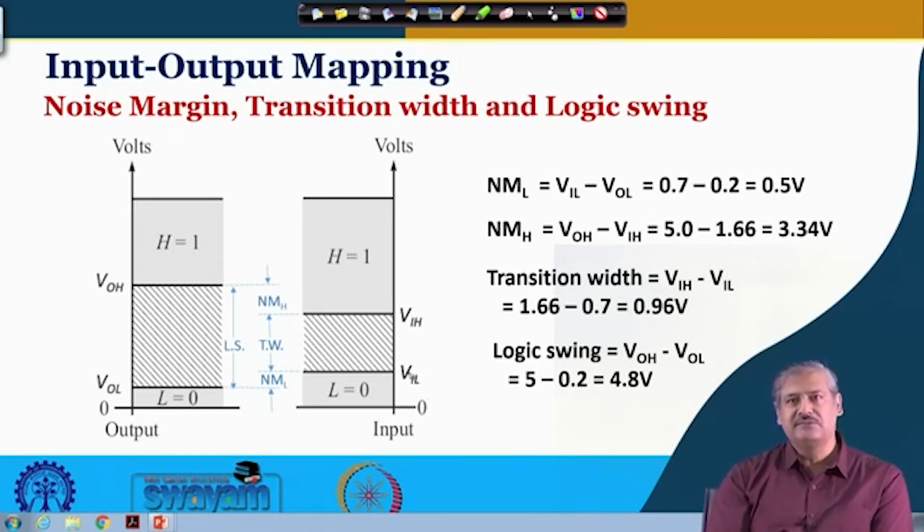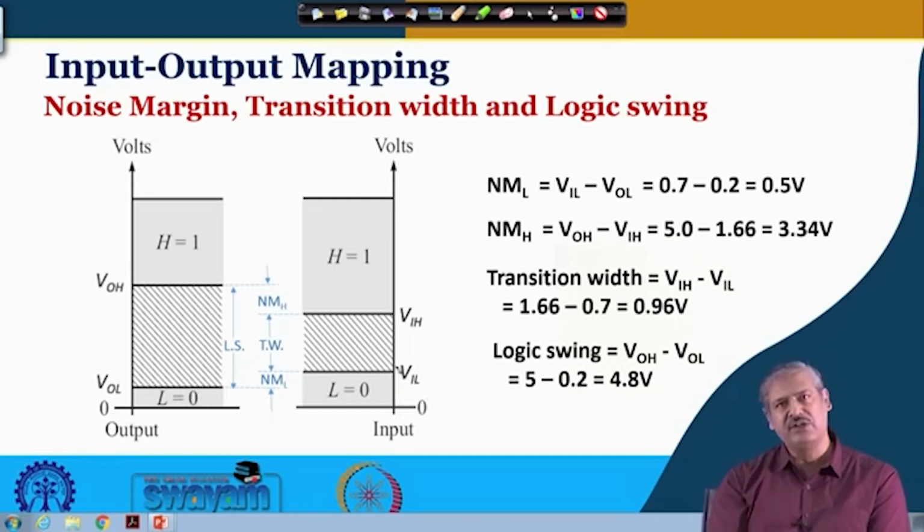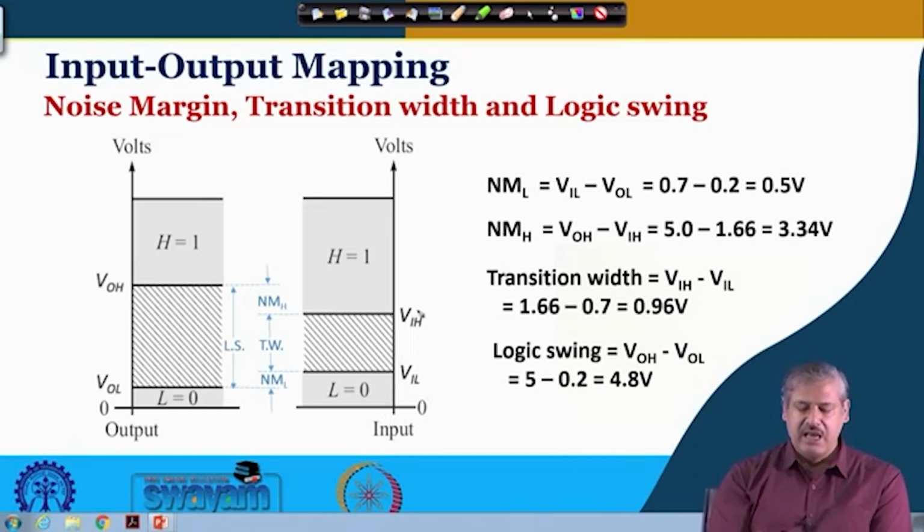Now, if we look at the input side, what is happening? This VIL, as we have already seen in that particular example, but it is true for every other case for an inverter like this, that from 0 to VIL, this is treated as logic low. Any voltage even less than 0, because of noise and other things, as long as it is less than VIL, the input is treated as logic low. And at the input side, any voltage greater than VIH will be treated as logic high.